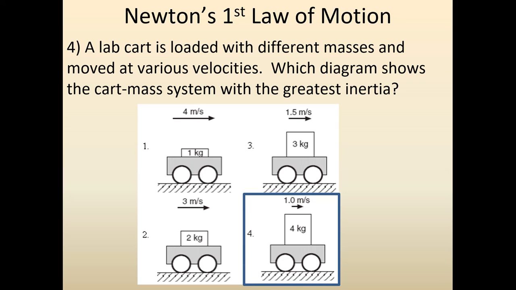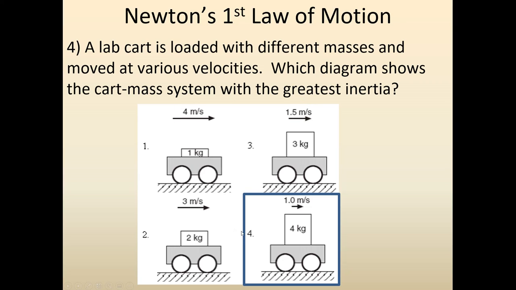Now, this may seem really easy, but this will actually get a little bit trickier as the year progresses and you start learning more information. Because if you notice, they give you velocities, and they do that for a very specific reason. The concept of inertia is actually very similar to another concept called momentum. And in momentum, you take into account both the mass and the velocity.